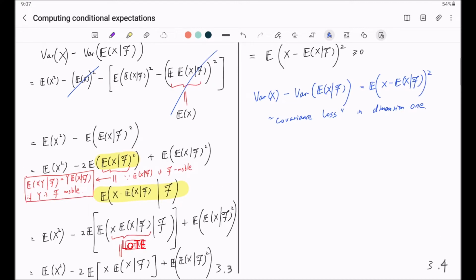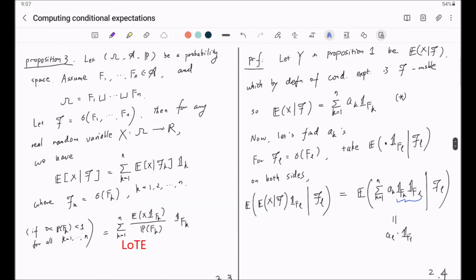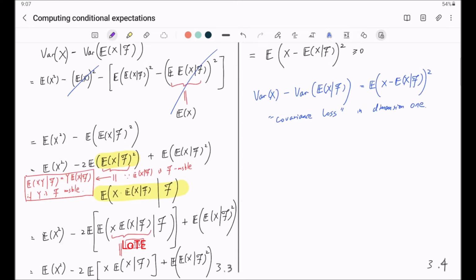I told you we're going to have an application of our proposition number 3 here. So now let me show you the application. We're going to show you that under some special hypothesis, we can have a bound for this covariance loss. The setting is as follows. Let (Omega, A, P) be a probability space.